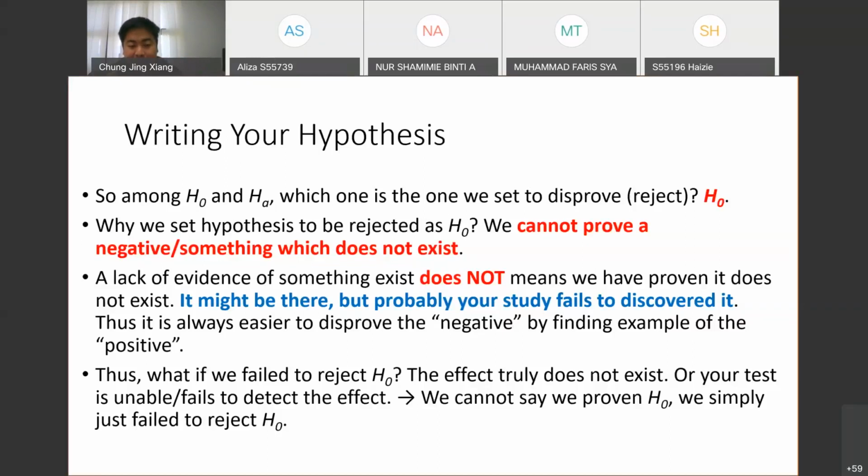We don't want to assume our test is perfect and say this effect is really not existing. We have to take into account that our test has the possibility of failing to detect the effect. So even though we see something is not there, maybe it's there.